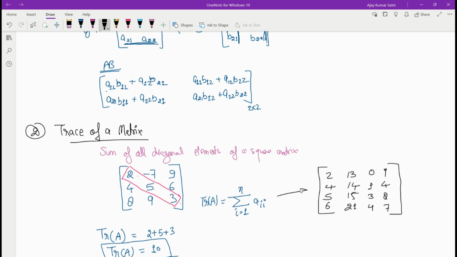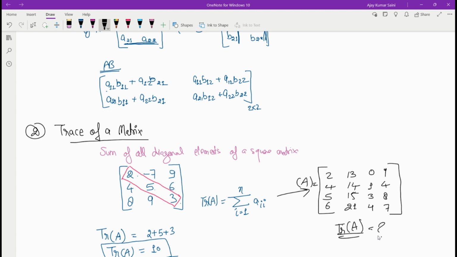So by using this formula you can find the trace of matrix A. You can try yourself. I hope it is very easy.